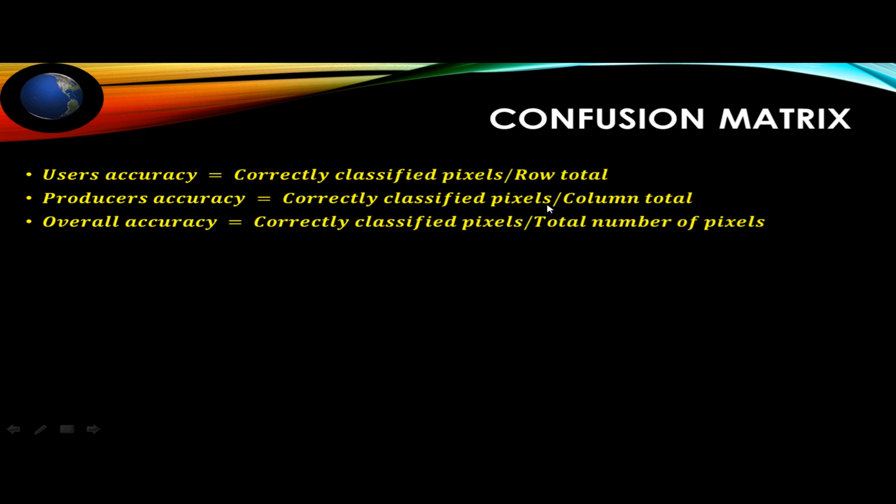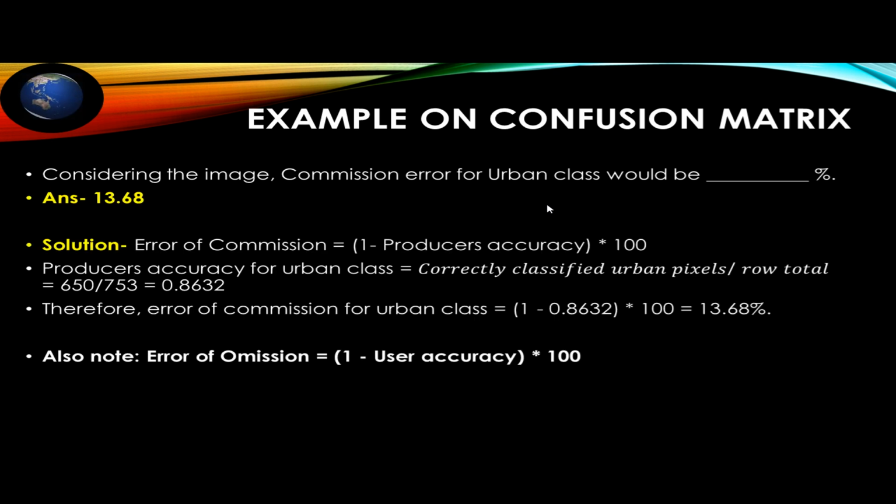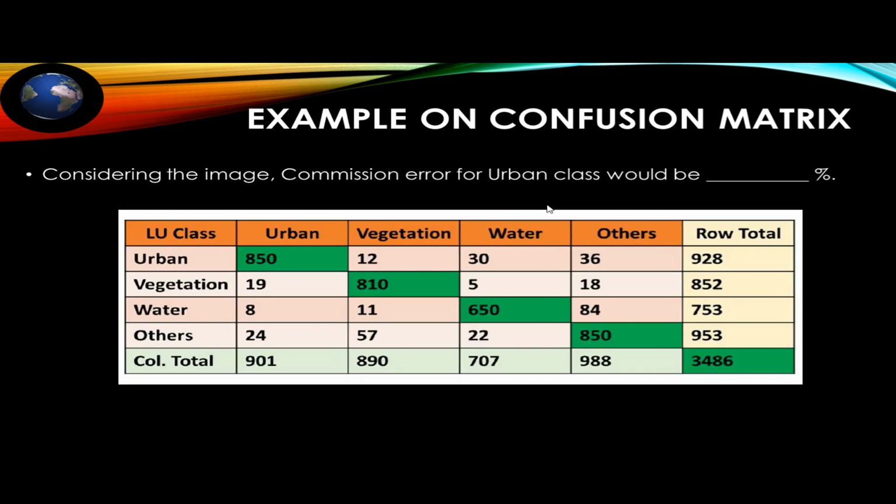I will check this slide again and only then upload it. There is one mistake. So define user accuracy in a similar way as I went through the rows for producer. You tell with the column. So 650 is the exact raster pixels, and we have to divide by 707.